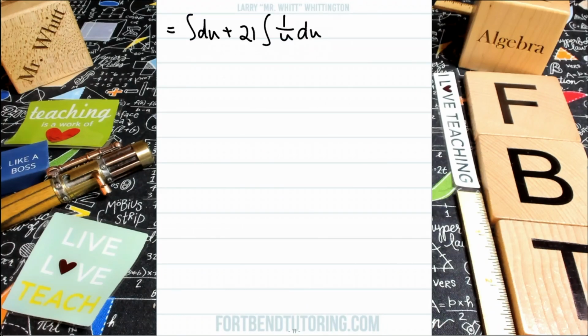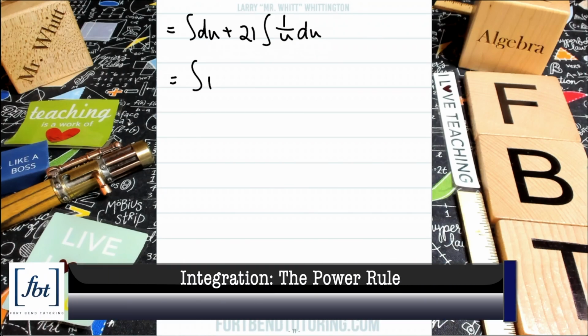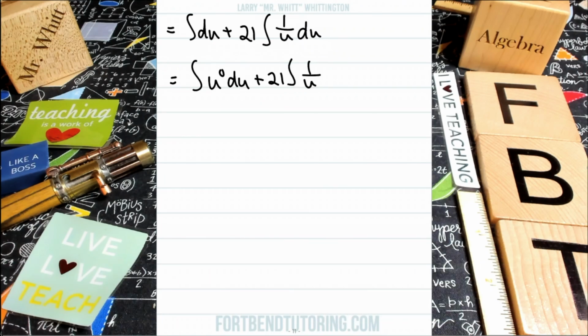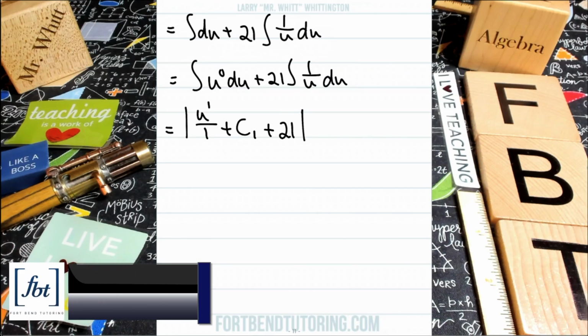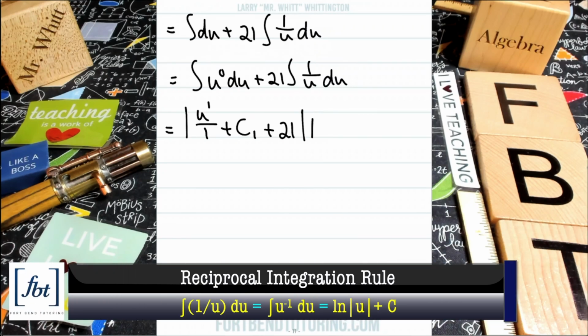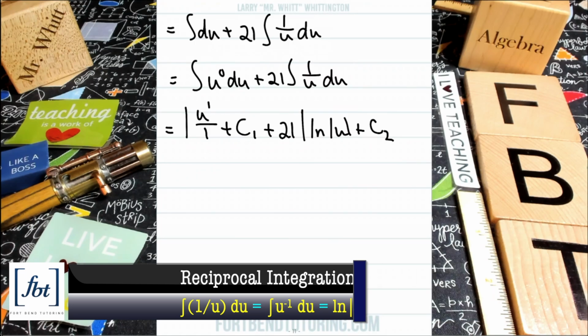Prepping our problem for the power rule, you can show that this is the integral of u to the 0 power du plus 21 times the integral of 1 over u du, like so, and then integrate this to become u to the first power over 1 plus c1, our first arbitrary constant, plus 21 times, integrating this will be the natural log of the absolute value of u, plus our second arbitrary constant.